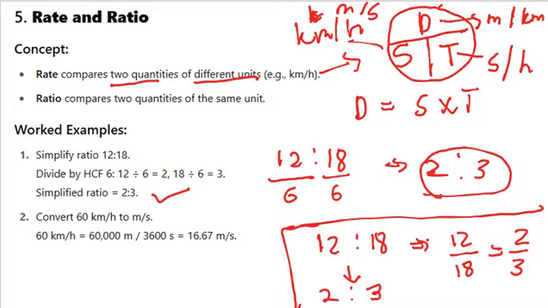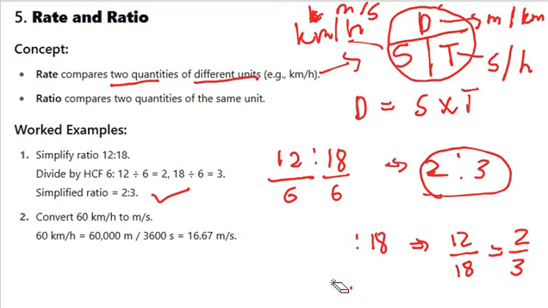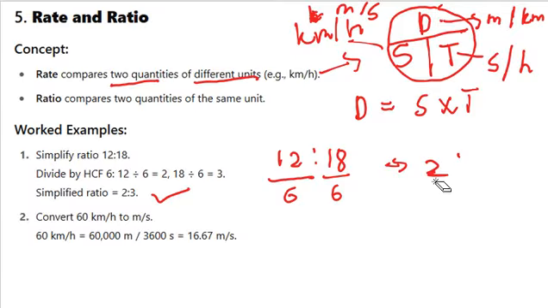So that's how ratios work. Most of the time you can be asked to simplify a ratio to its simplest form, depending on how the question is. We're still going to look at other problems discussing ratios.